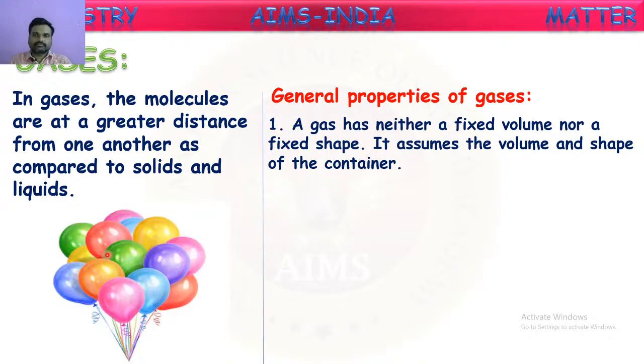The volume and the shape of the gas are the volume and shape of the container in which it is kept. Suppose we take a certain quantity of gas into a bottle, the volume of the gas is the volume of the bottle, and even the shape of the gas is the shape of that bottle. So it has no fixed shape or fixed volume.